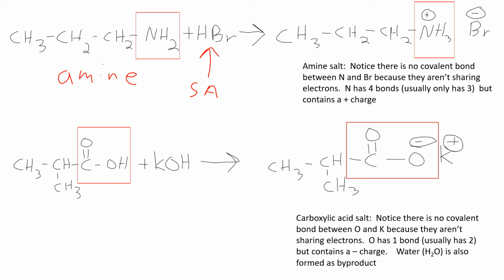So here we're reacting our amine with our strong acid, and this is just doing what any other acid and base would do. The amine is the weak base. What is the weak base going to do? The weak base is going to grab H+. Where is H+ available from? Well, it's available from that strong acid.